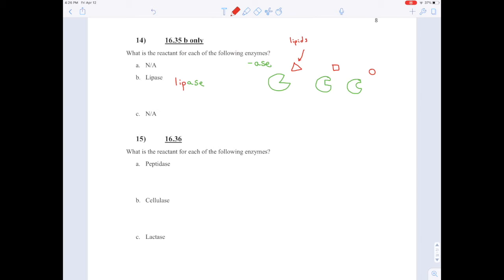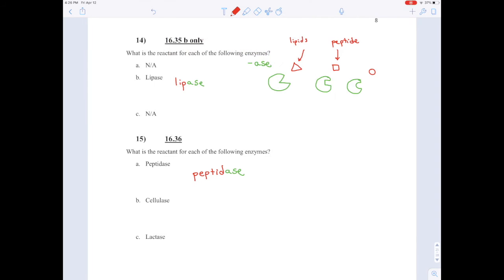Moving on to question 15, if the molecule that the enzyme makes react faster is a peptide, and that would be around 50 or less amino acids in a chain, then it would be "peptid" to refer to the molecule that the enzyme makes react, and then -ase to remind you that it's an enzyme.